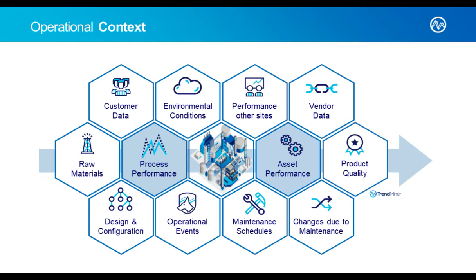But now if you look back at the last 6 months or last 2 years of data that your company has gathered, there's a lot of context around that data that explains certain behavior. For example, there might be some environmental conditions that have changed. There might be some design changes or some configuration changes to the DCS system or the SCADA system. There may be some maintenance that is scheduled. So all those pieces of context are important to really understand what's going on on the shop floor.